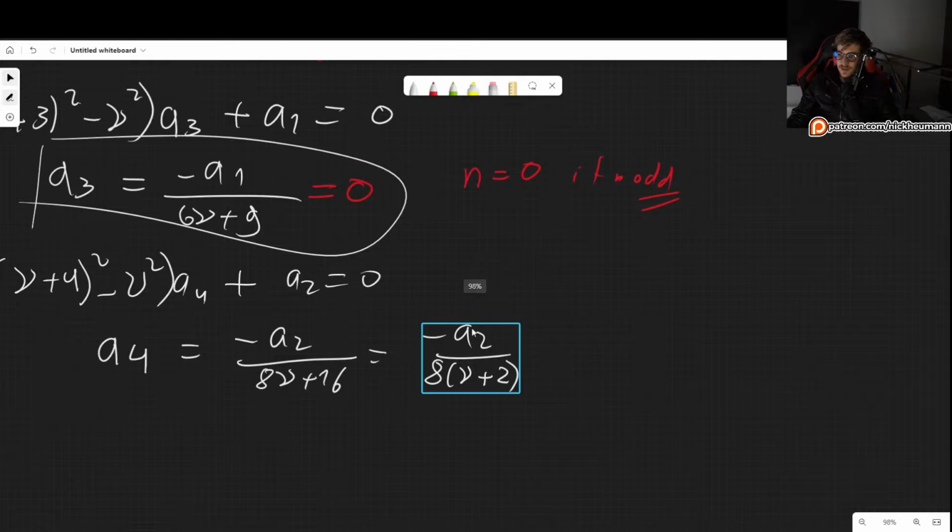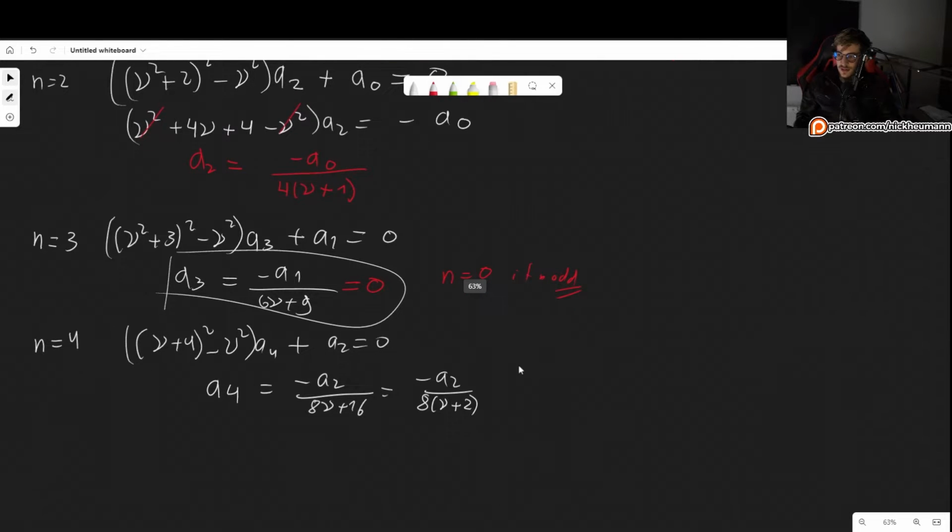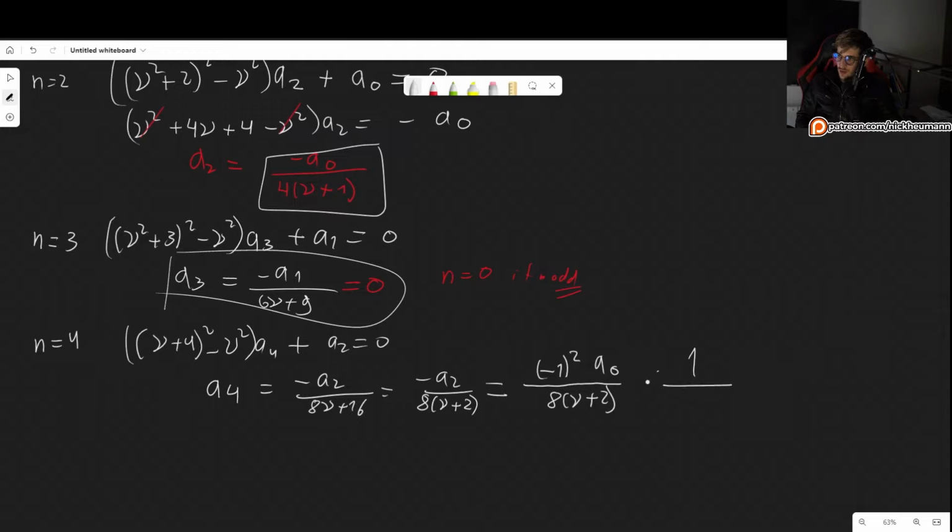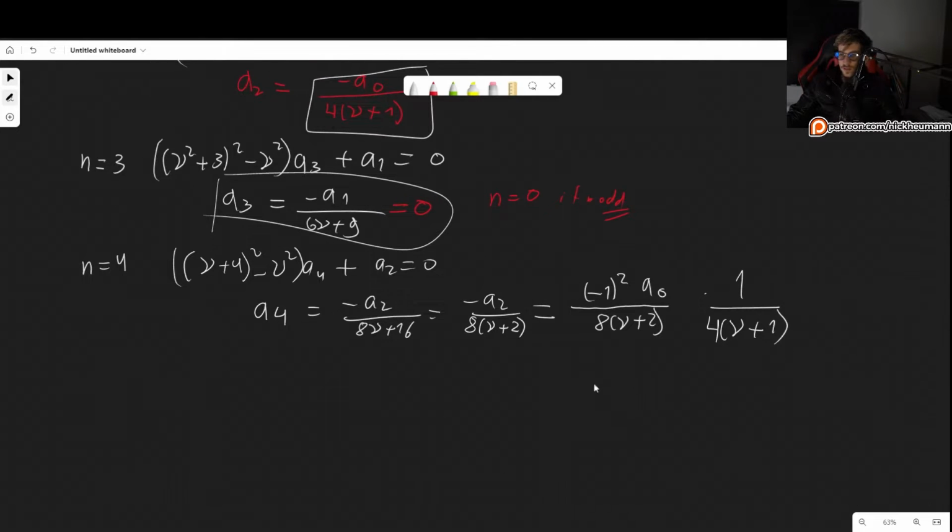And this is times a2, but we already found a2. So we get minus 1, squared, divided by 8 times (nu plus 2), times a0, and then 1 over this part, which is 4 times (nu plus 1). Now, I don't know about you, but the pattern is not really that obvious to me.